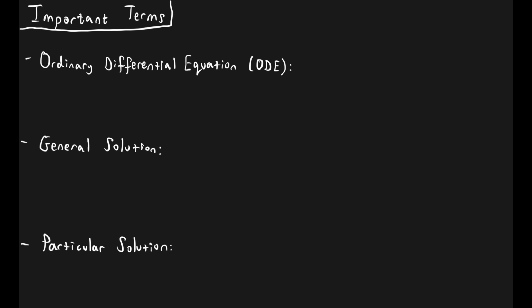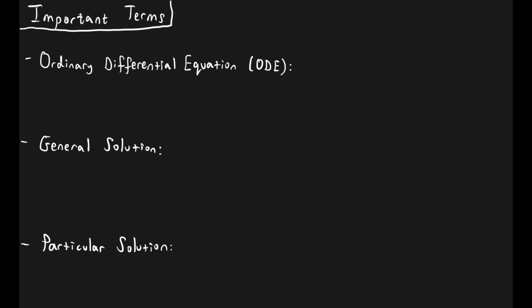Ordinary differential equation just means that it's an equation that involves an independent x variable, a dependent y of x function, and the derivatives of that function, y prime, y double prime, or even y triple prime. Now, the equation doesn't need to involve all three of these things, but it involves some sort of combination of them, and that's what makes it an ordinary differential equation.